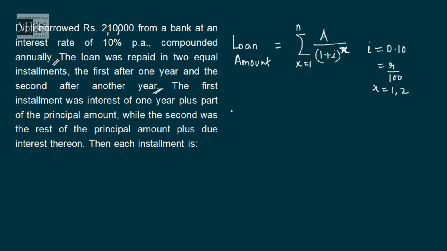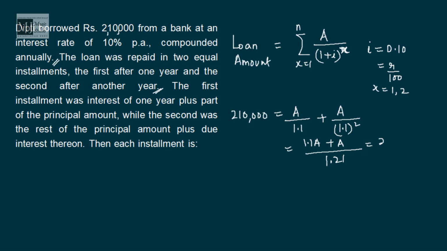Loan amount is 2,10,000. So 2,10,000 should be equal to A/1.1 plus A/(1.1)^2. 1.1 squared is 1.21. So let's take LCM 1.21. It would be 1.1A plus A, that is 2.1A, upon 1.21.